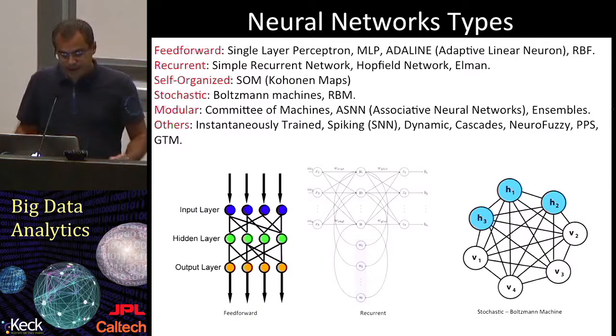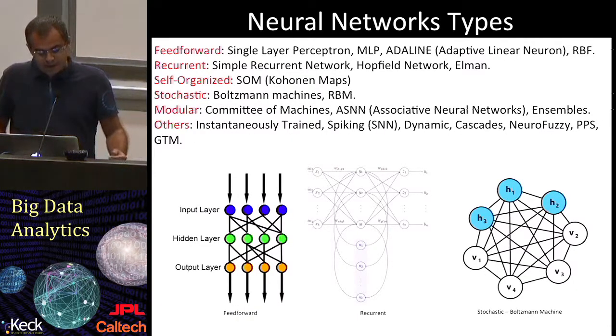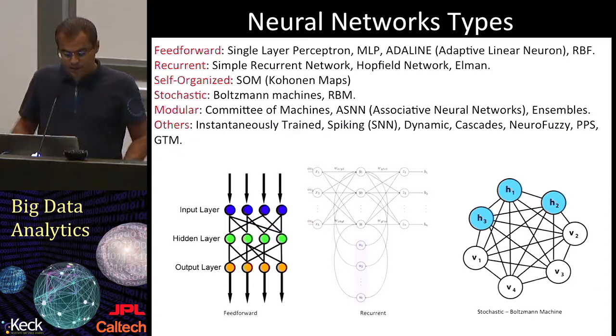Now, in this slide I listed some of the most used neural network models. In a few words, in feed-forward networks, the connections between the units do not form a direct cycle, like in the first figure. In recurrent networks, like the one shown in the middle, they do.